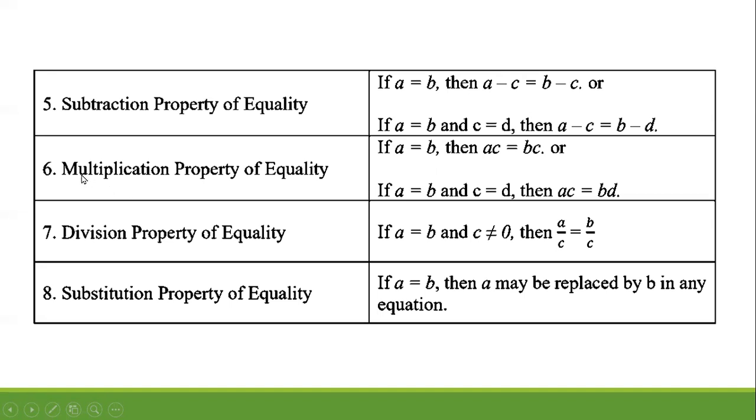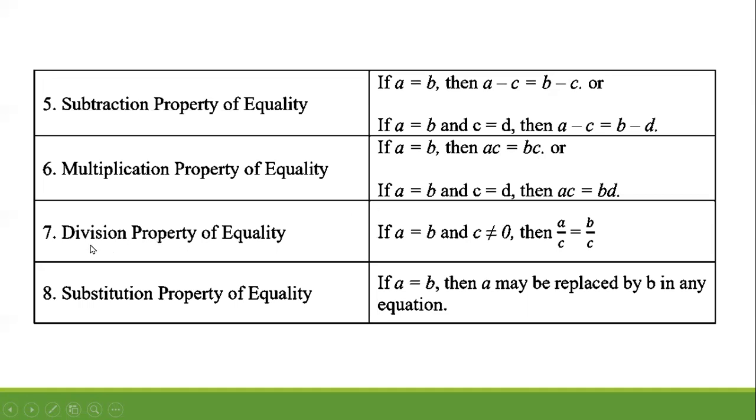Okay? Next, we have the multiplication property of equality. Here, kung ano yung multiply natin kay left side, ay ganun din yung i-multiply natin kay right side. So, if A equals B, then A times C is equal to B times C.